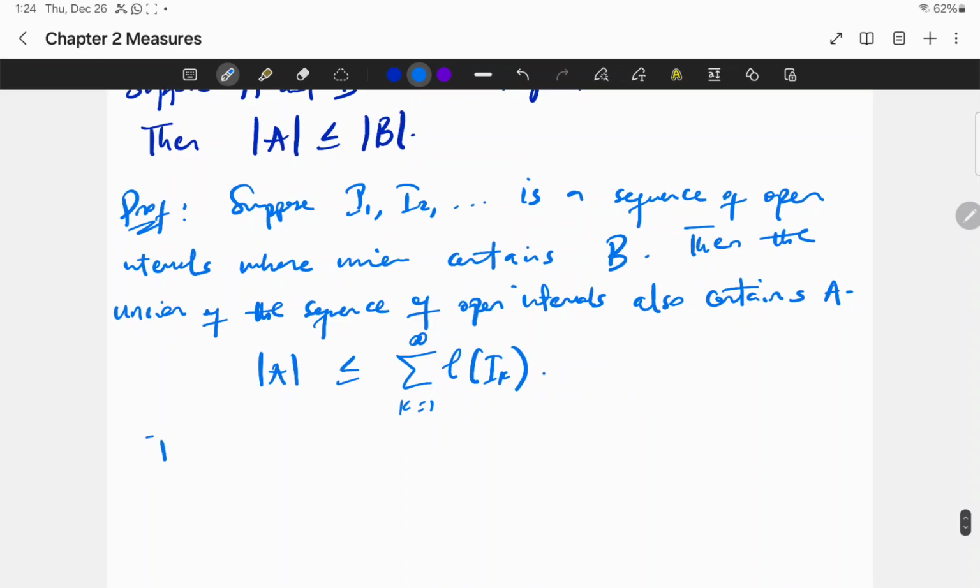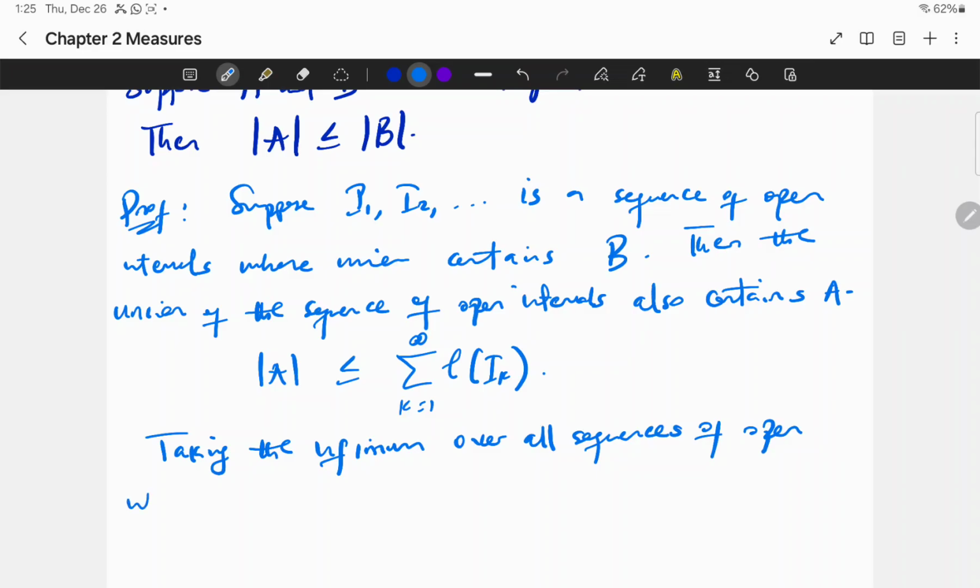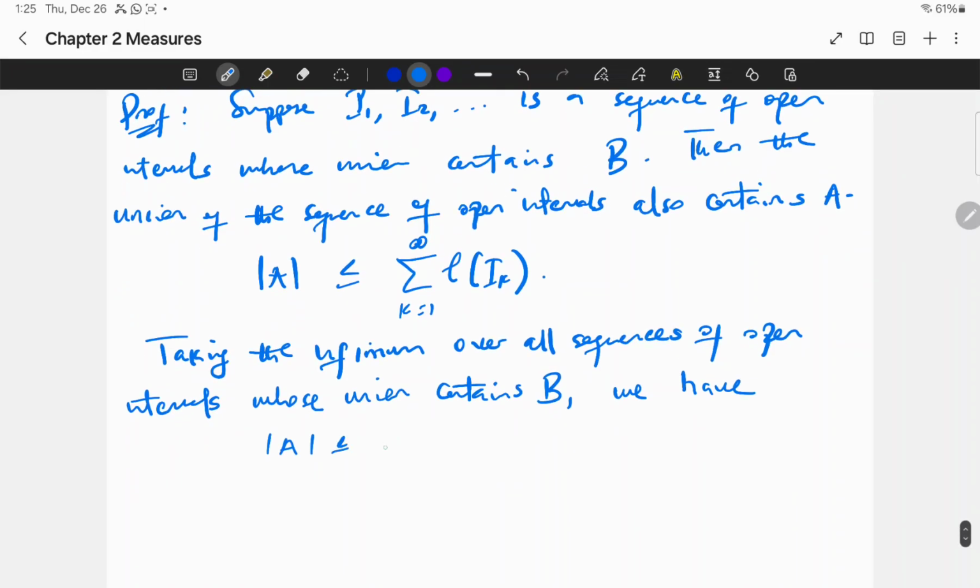So taking the infimum over all sequences of open intervals whose union contains B, that will be the definition of this guy.